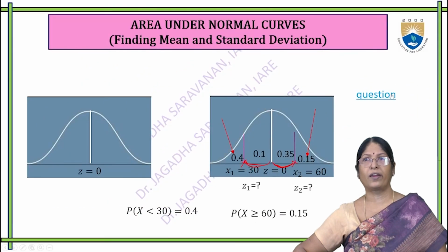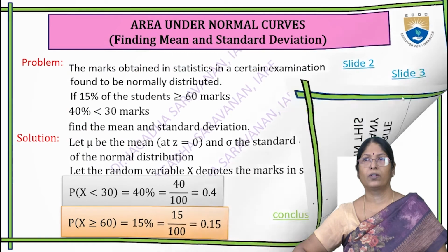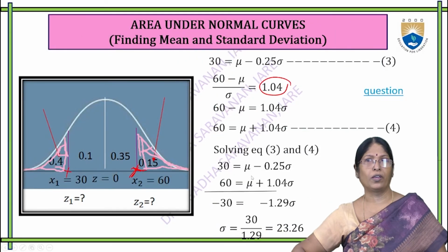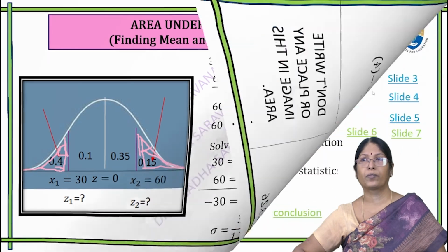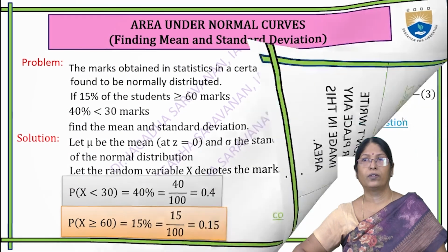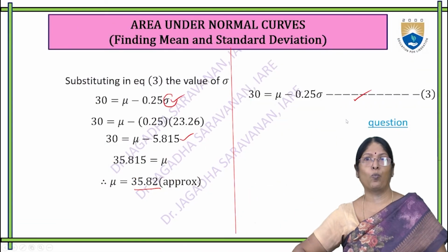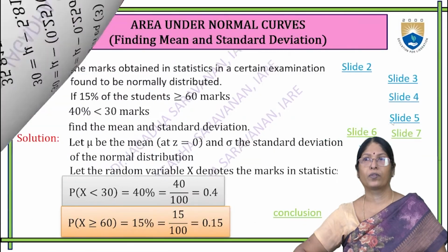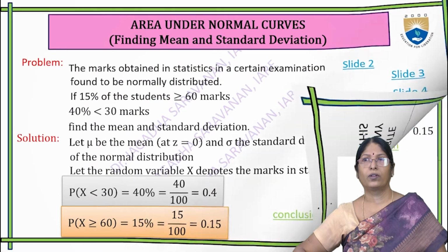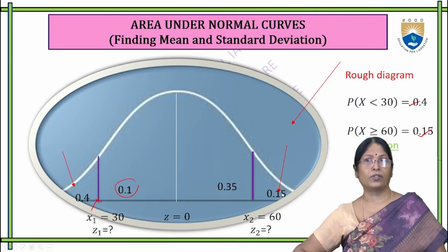You can see slide 3, which helps us with the other points we plotted. Slide 4 gives 1.04, how we obtained it. Slide 5, from which we obtained mu. Slide 6 is the rough diagram, where the shaded area is not given.